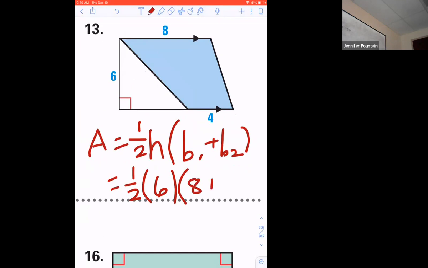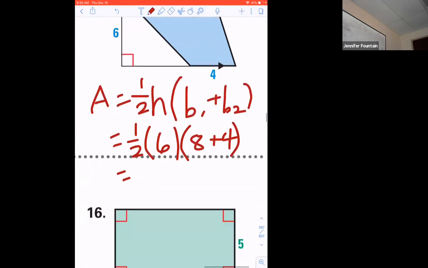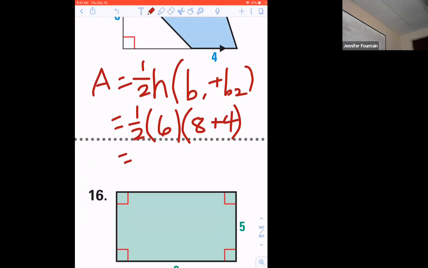What is my bottom base? 4. So I have 1/2 times 6 times 8 plus 4. What is half of 6? 3. What is 8 plus 4? 12. And what's 3 times 12? 36.